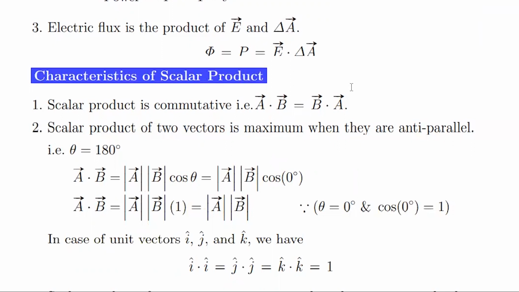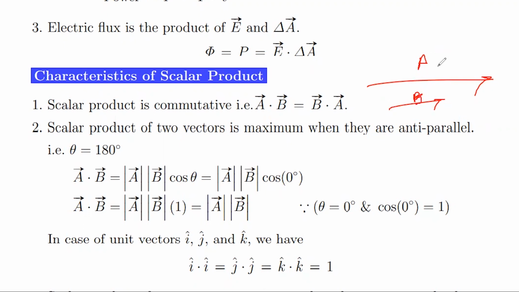Next, the scalar product of two vectors is maximum when they are parallel. For example, we can draw a rough sketch here. Let's suppose this is vector A and this is vector B. These are called parallel vectors.